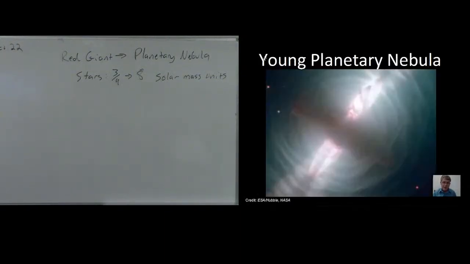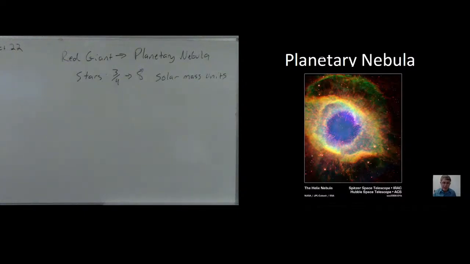So here's a photograph of a young planetary nebula. You can see material that's coming away from the core. You can see these kind of waves of atmosphere that are moving out away from the star. Another planetary nebula, the Helix Nebula. And you can see just a dim point of light in the center there, and that's the remnant core of the supergiant.